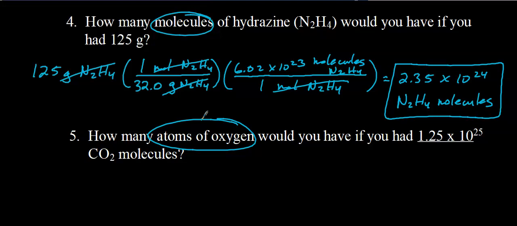So we're trying to find atoms in a compound, which is different than atoms in an element. If it were an element we are dealing with, let's say elemental oxygen, then Avogadro's number is the number of atoms in a mole. That's not the case here, though. Yes, we're still going to use Avogadro's number, but that's not our last conversion factor. All right, pause the video and set it up.